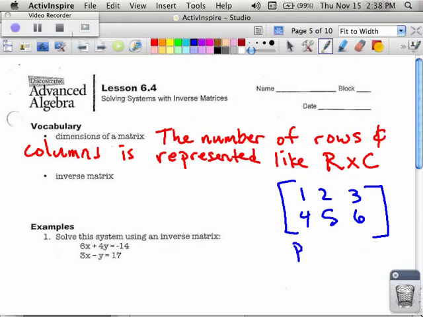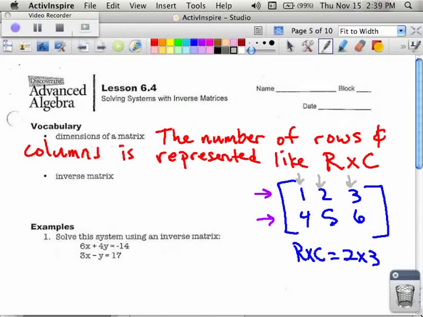So if I talk about R by C, that's really saying there are 2 rows by 3 columns. Here's row number 1, here's row number 2, and the columns are the ones going vertically down, 1, 2, 3. So that's kind of important to know.